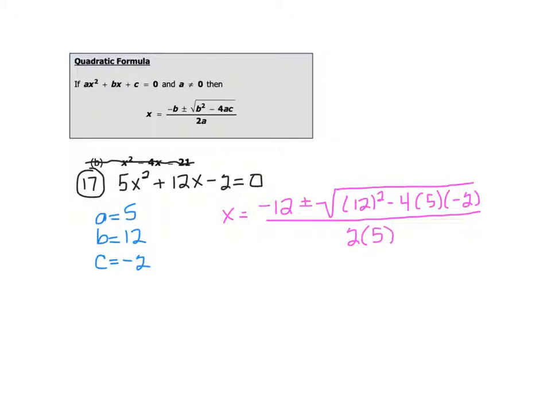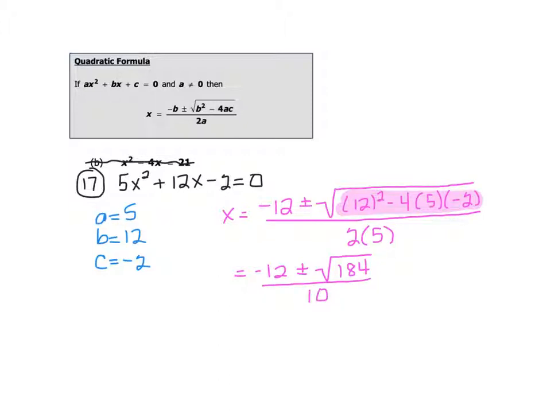The next thing I want to do is put just this part into my calculator, and I'm going to get an answer for that. I got 184. So I'm going to have negative 12 plus or minus the square root of 184 all over 2 times 5, which is 10.